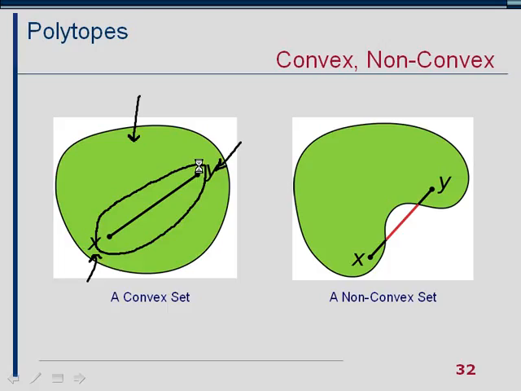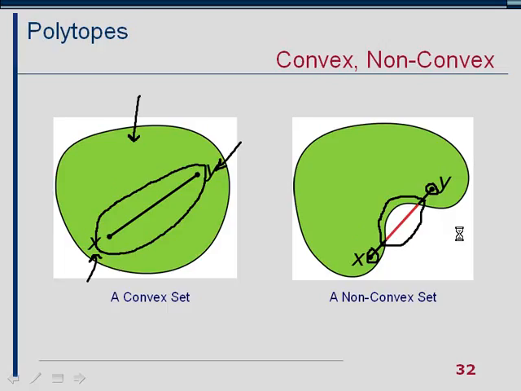However, if we pick any 2 points and connect them with a straight line, and part of the line actually falls out of the polytope itself, then this is referred to as a non-convex set. In the context of linear programming, you will only deal with convex sets.